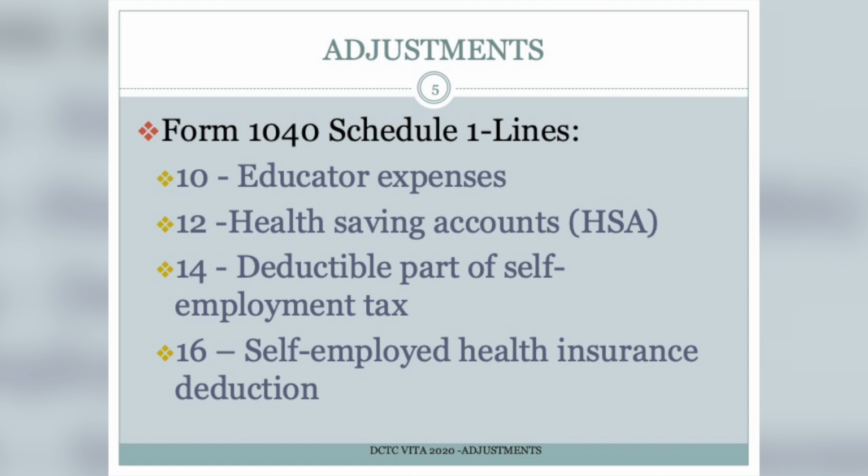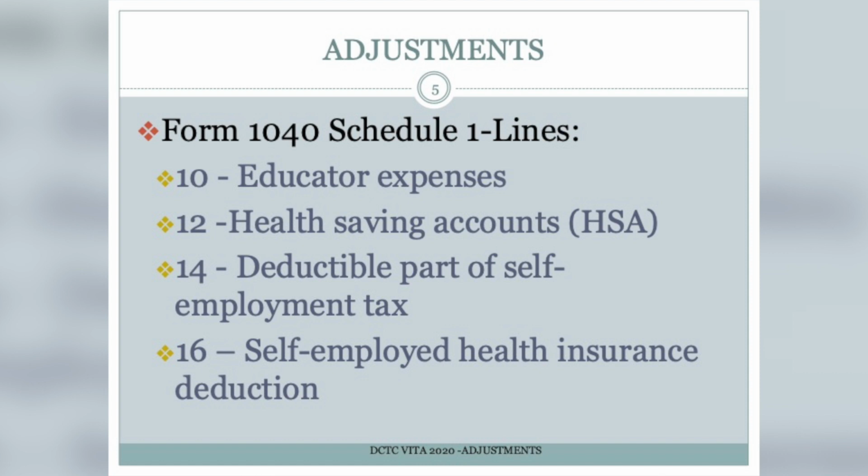Line 12 is the health savings account. These are contributions and can be used as an adjustment to income. Publication 4012, pages E-6 through E-8 spell out clearly what HSA is and the paid expenses, which can be used as an adjustment to income.